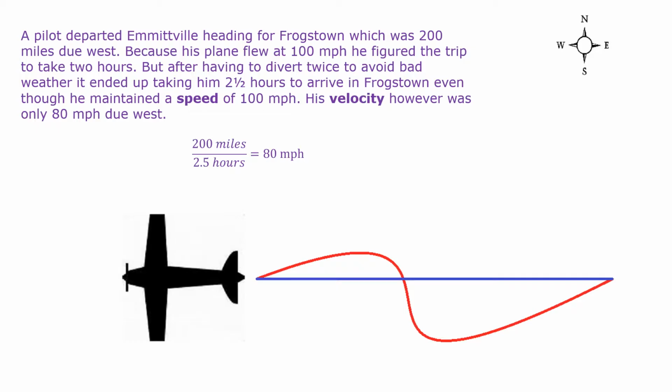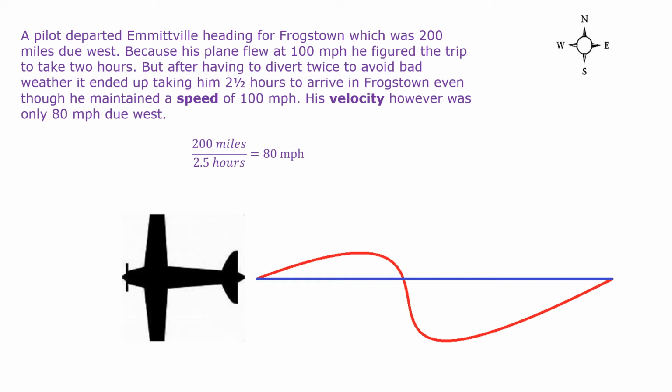This example might also help to explain the difference between speed and velocity. A pilot departed Emmettville heading for Frogstown, which was 200 miles due west. Because his plane flew at 100 miles per hour, he figured the trip to take 2 hours.